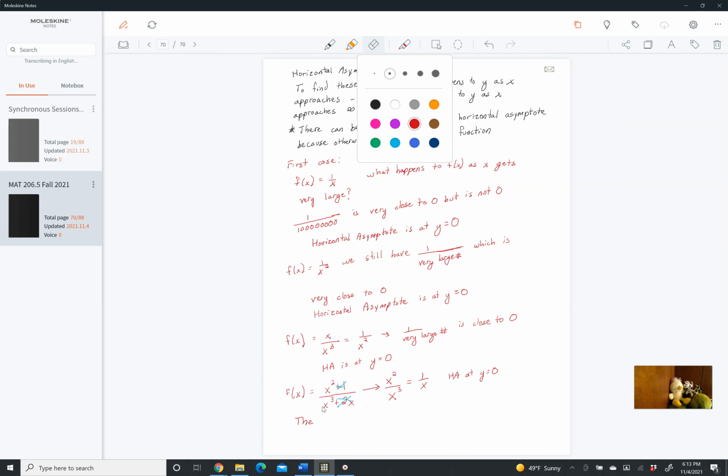So in this case, the plus 1 in the numerator and the plus 2x in the denominator are insignificant compared to the x squared and x cubed.